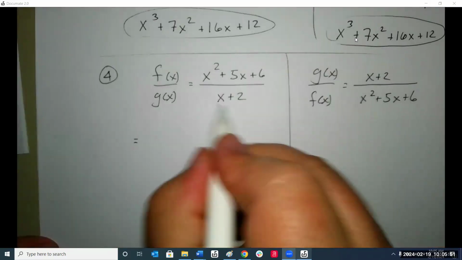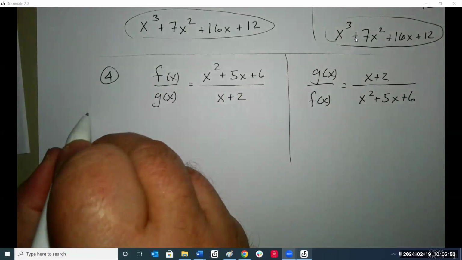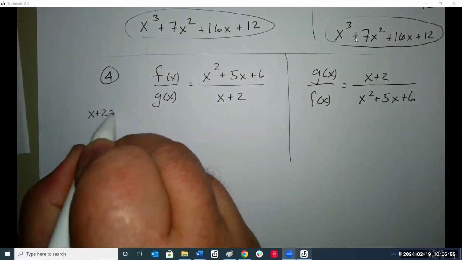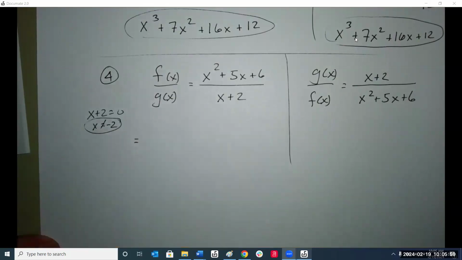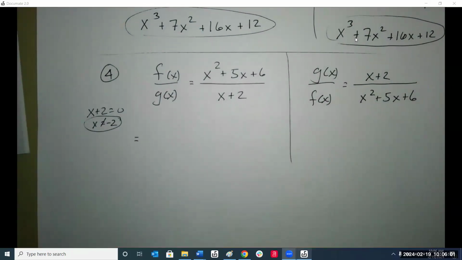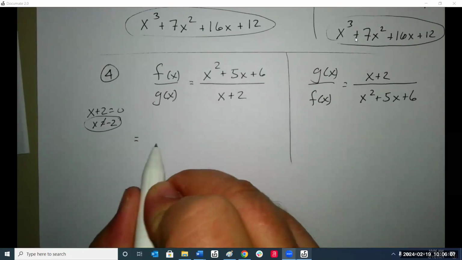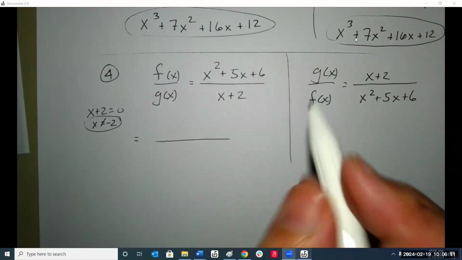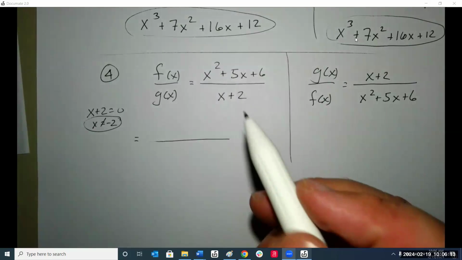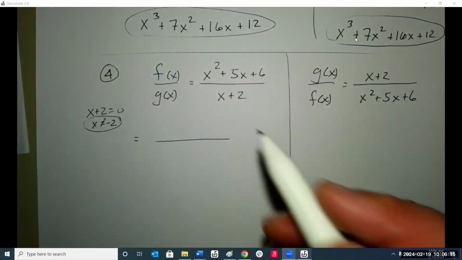Okay, so first thing to check is what x's can I not use? So x cannot equal -2. We look at that in the original equation. But the first thing you want to do whenever you have fractions, if you have a polynomial, factor it out if possible.